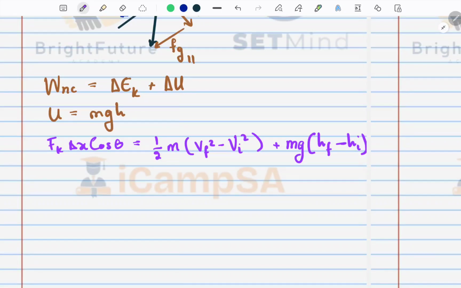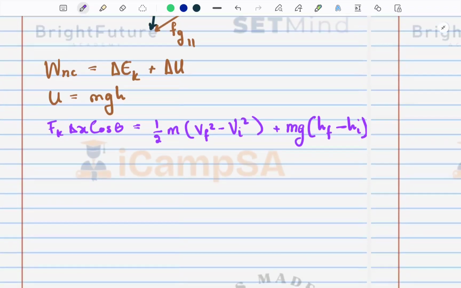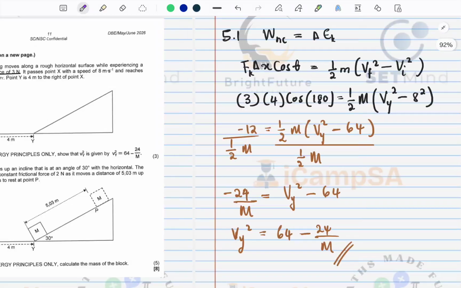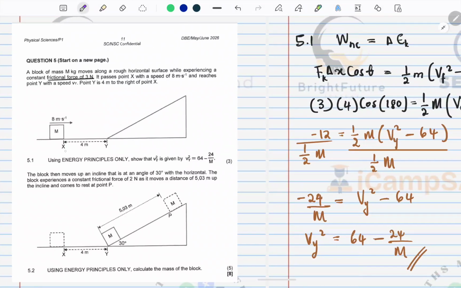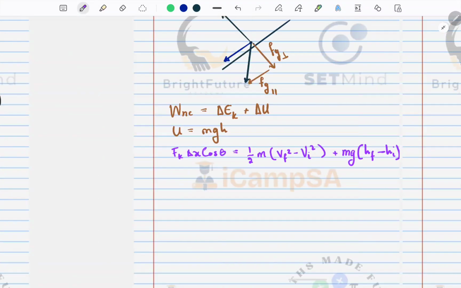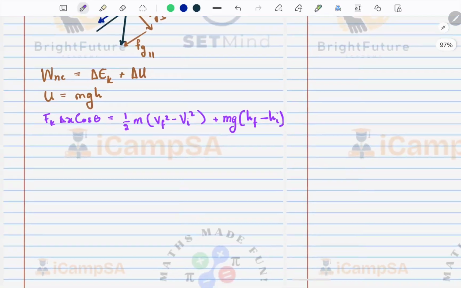This is your change in potential energy. When you didn't have this, it's pretty easy for you. You have 2 newtons as your force here, but now we need to calculate the height first.